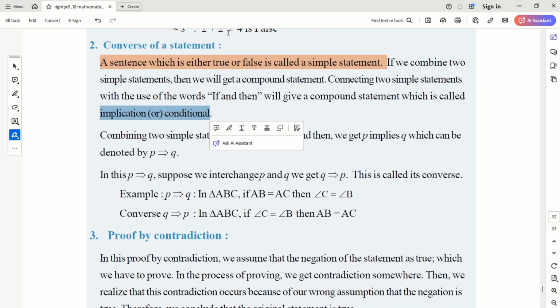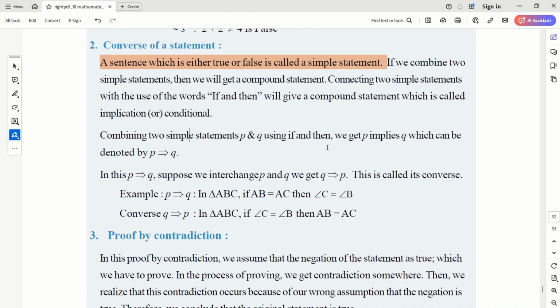This is called an implication or conditional statement because the second statement depends on the first statement. All sides are equal depends on the statement ABC is an equilateral triangle. Or the other way, ABC is an equilateral triangle depends on the truth of whether all sides are equal. So that's why it is a conditional.